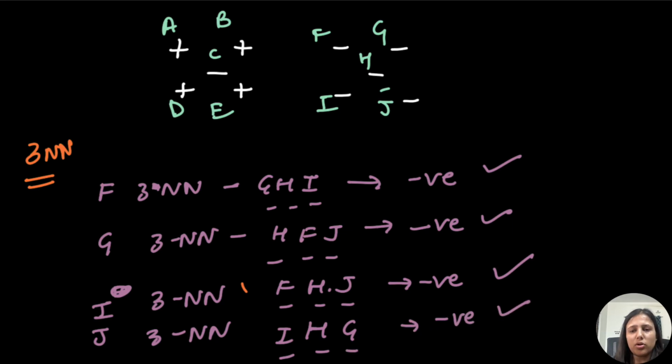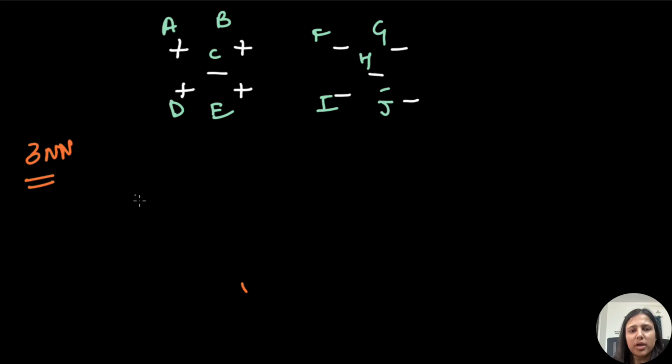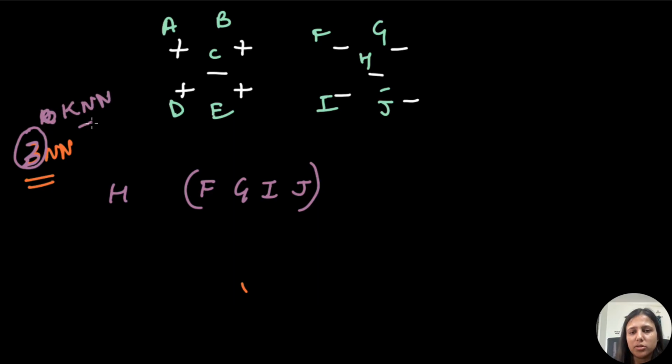Okay, let's talk about H. H is at equidistance with F, G, I and J. Whenever this kind of thing happens, maybe I didn't elaborate this in the previous setting, when you are doing K-NN and you have more samples which are nearest, you need to decide what to do when more samples qualify to become neighbors.